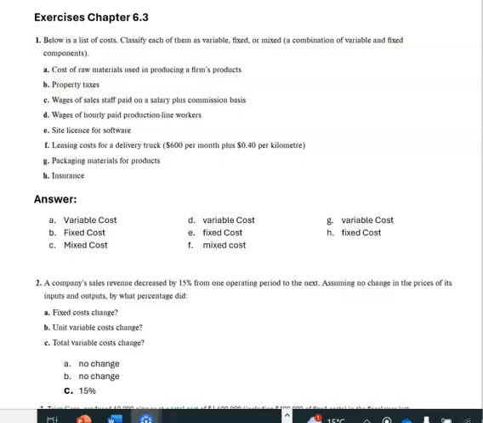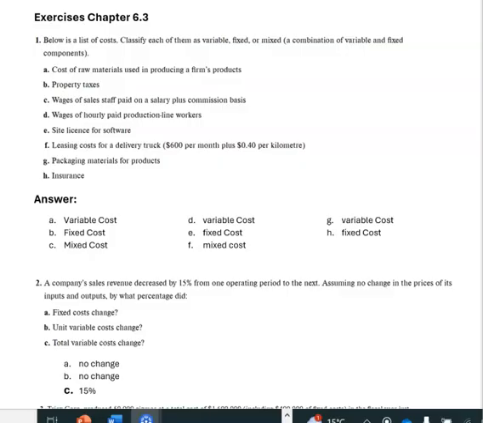It changes in direct relation, whereas fixed doesn't. And property taxes are a fixed cost because even if we don't sell any products, we still have to pay our property taxes.